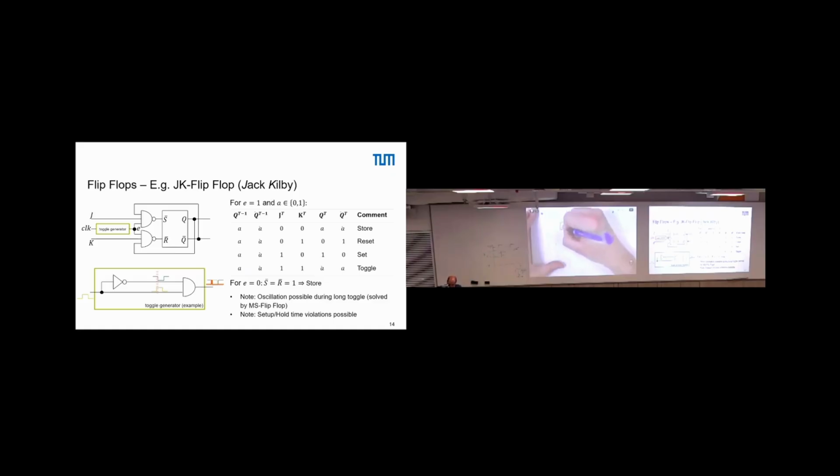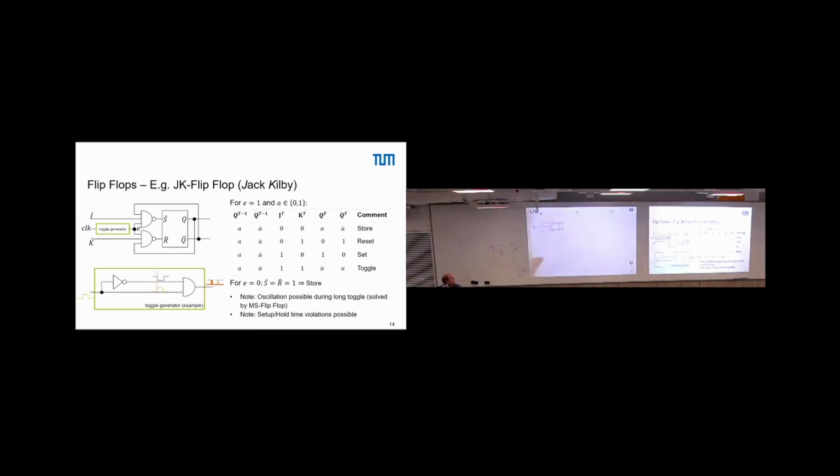So we have S bar, R bar, Q, and Q bar. It's just a NAND-based RS latch. Then we can extend this to this JK flip-flop or JK latch. We do not fully do this, but at least I put here at the input 2 NAND gates for the moment. One we call J, the other one has the input K. Then I put here the clock signal.